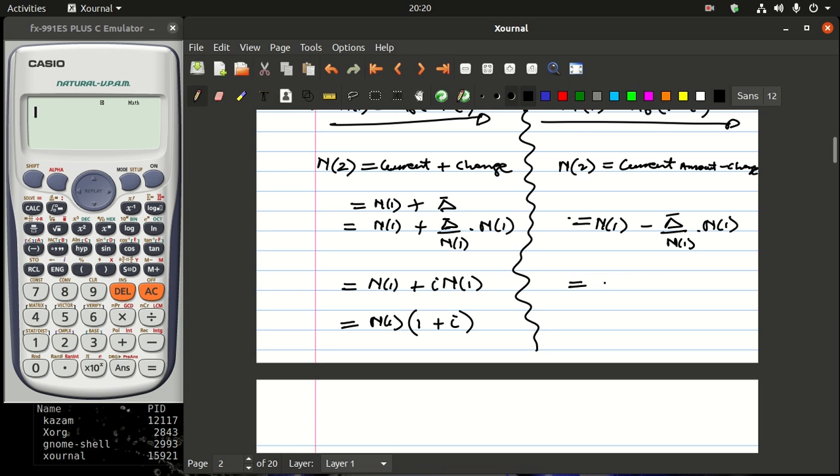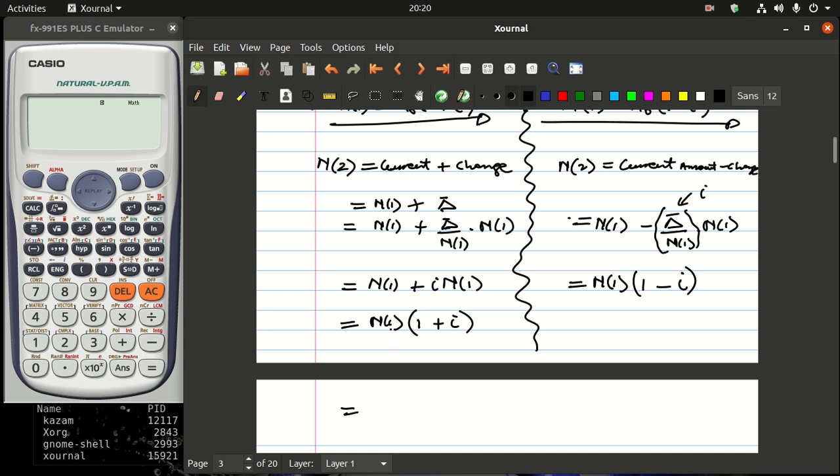And this side also, you will end up having n of 1, and when you factor it out, I'll be left with 1 minus this portion here. Take note that this portion is the same as I, so I will have minus I.